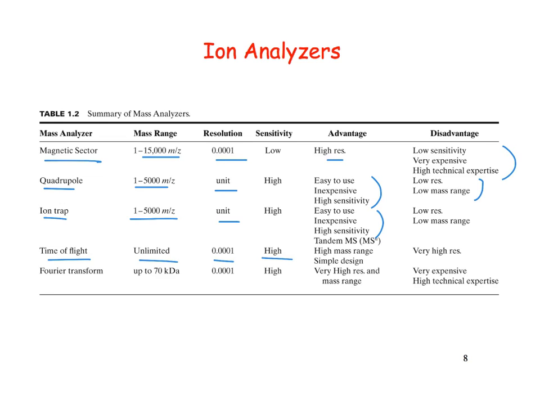So I think the most common are probably the top three. When you just send your sample in for a low resolution spectrum, they might be using just the magnetic sector. Those seem to be the workhorse instruments, or quadrupole. I think those are the most common.